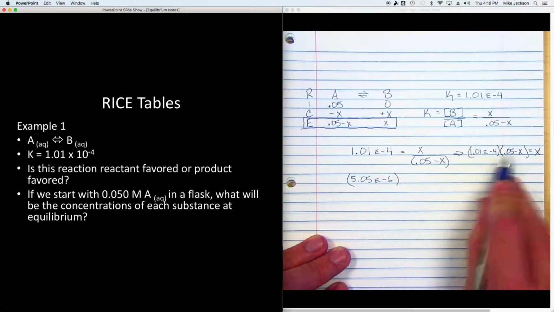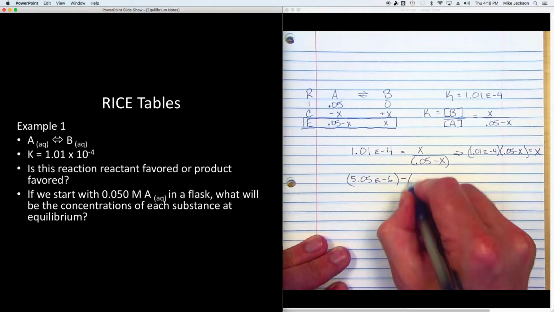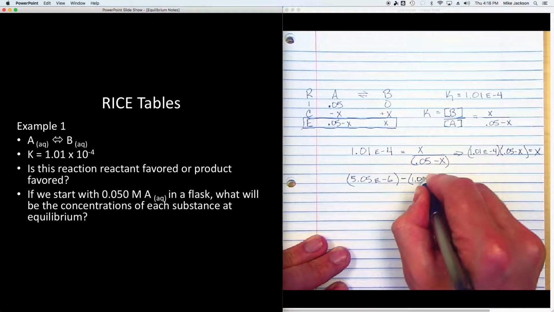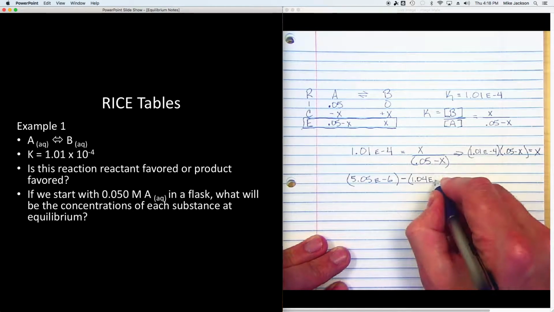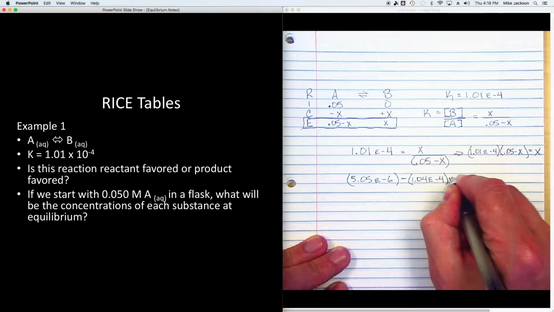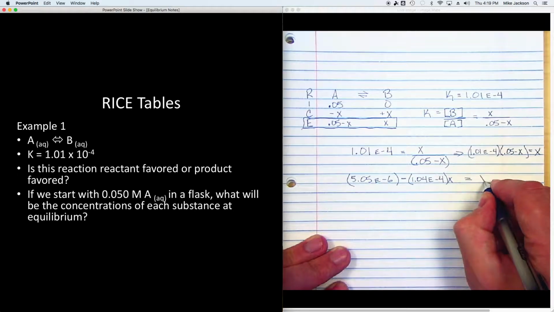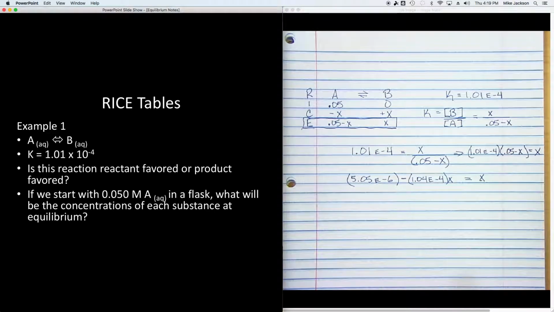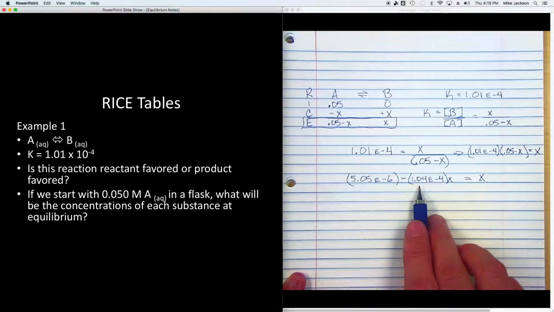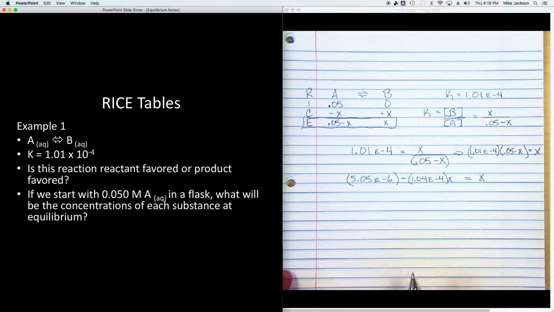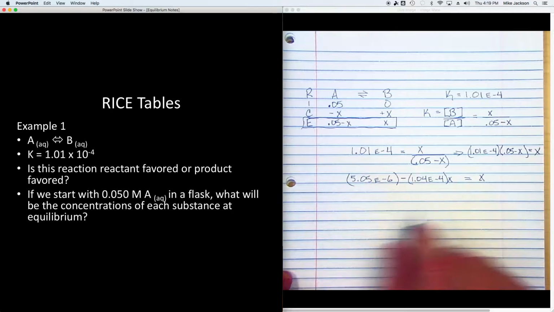And then minus 1.01 times 10 to the minus 4 times x. And that is all equal to x. So I'm getting closer to solving for my x value. Now all I need to do is combine like terms, and I can start cleaning this up.